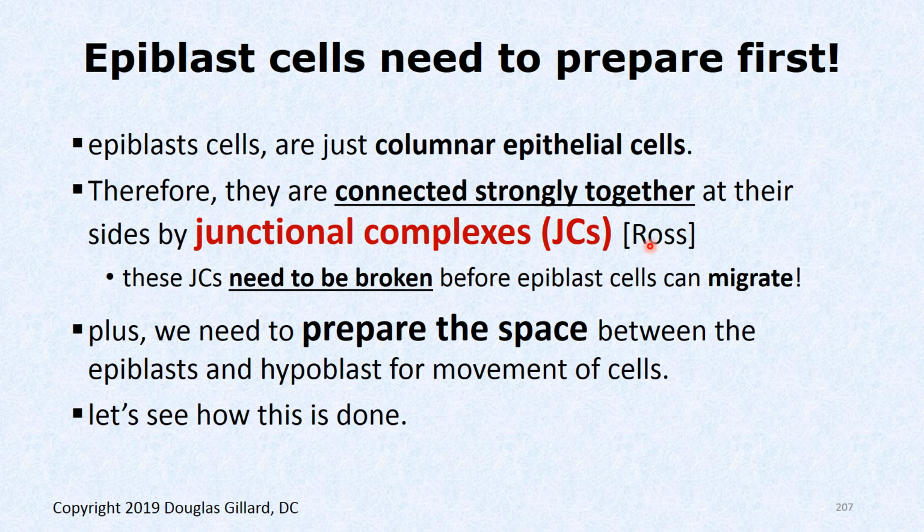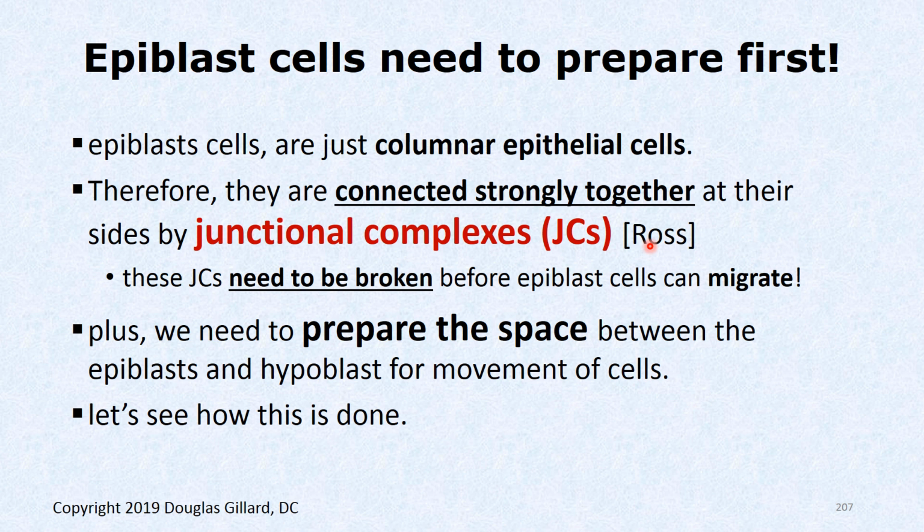Because we got to prepare the epiblast cells. Epiblast cells are just regular old columnar epithelial cells. And remember from your histology that epithelial cells are held together along their sides by things called junctional complexes. Like the skin, the keratinocytes are held together by junctional complexes on the side, like desmosomes.